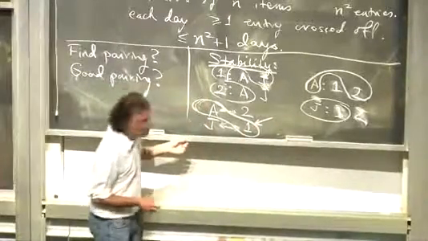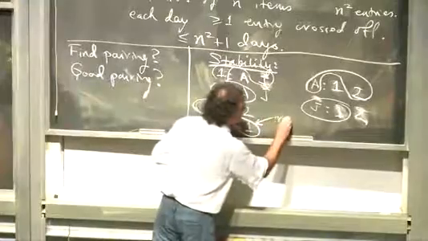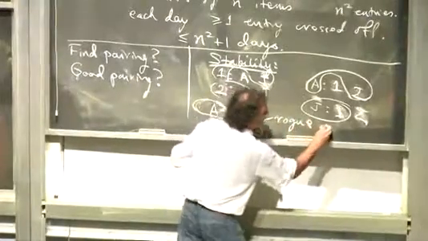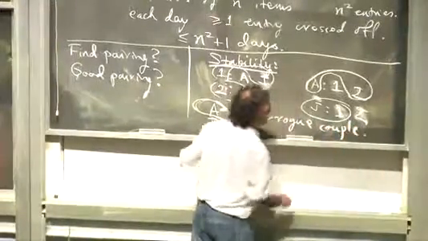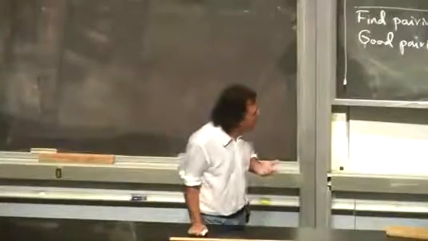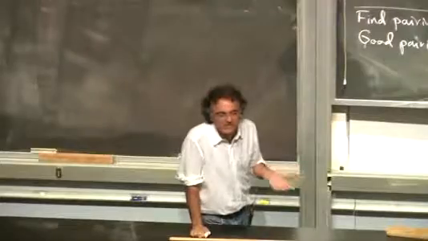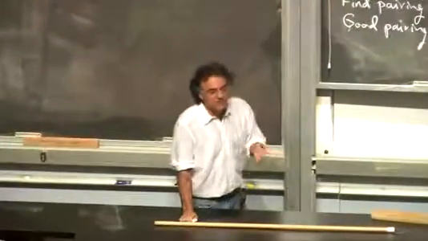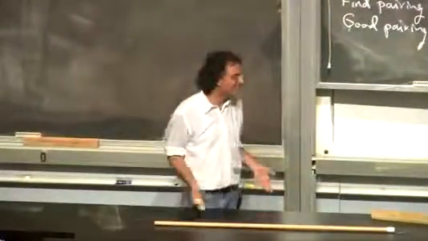A and 1 are what we would call a rogue couple. They're a rogue couple in the sense that it can't possibly be stable. I mean, sooner or later they're going to be working late on a homework and something like that.